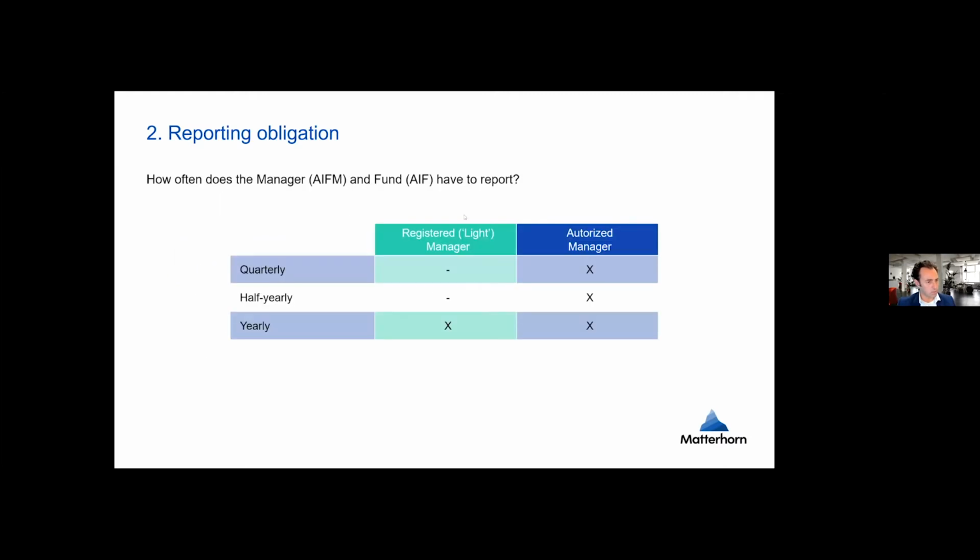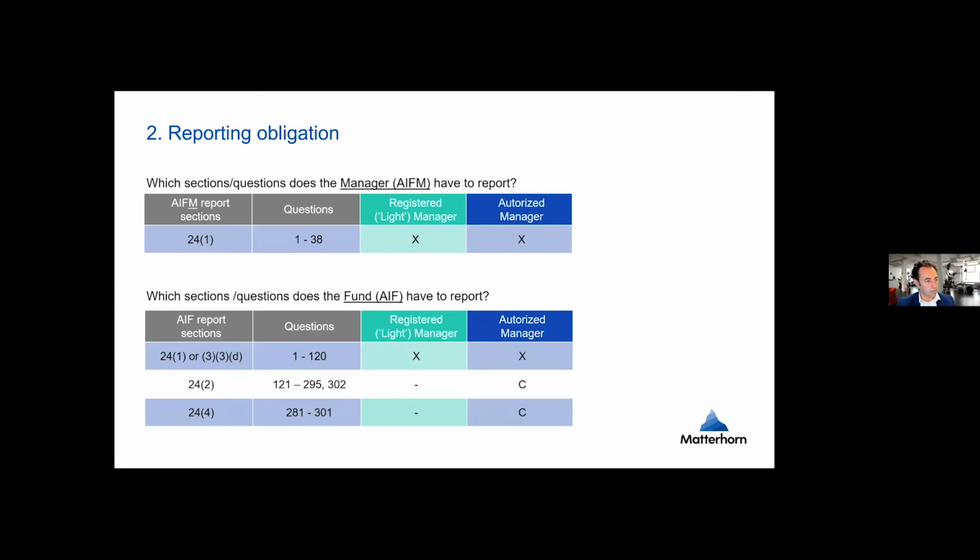So how does this work? A light manager always reports annually. Authorized managers, depending on the criteria just mentioned, report quarterly, half yearly, or yearly. And then there's also the content of the report. So there's a manager report and there's a fund report.